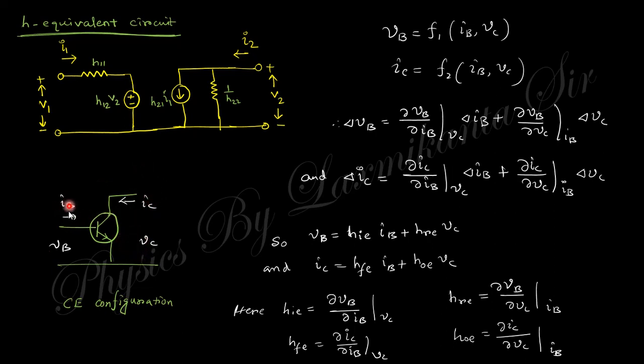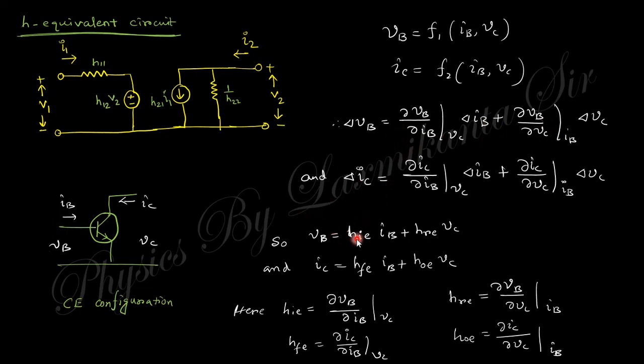Taking the input current and output voltage as independent, the dependent will be the input voltage and output current. So delta VB is nothing but the partial derivative of this plus this one, just the mathematical expression we can write down.